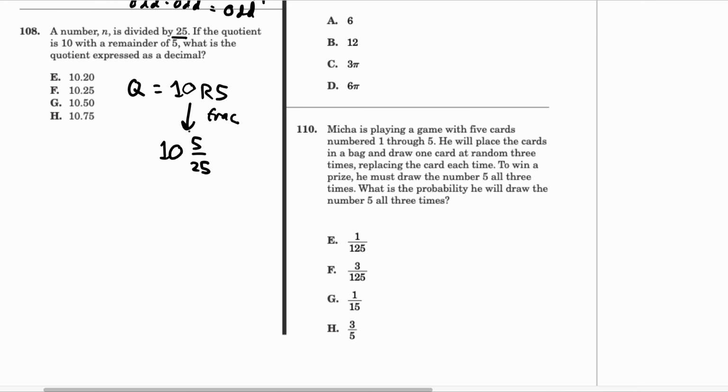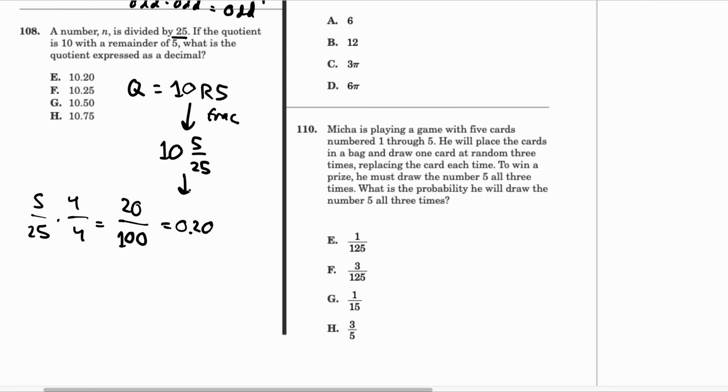So that's our fraction. Now we need to express this 5 over 25 as a decimal. To do this, we can multiply both sides by 4 to get something out of 100. So this would be 20 out of 100, which is equal to 0.20 as a decimal.